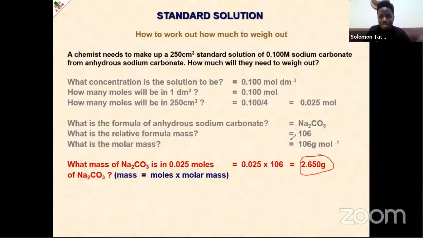Remember, molar mass is contained in 1 mole of a substance. So 1 mole of sodium carbonate contains these 106 grams, right? Then you'd ask yourself, what about 0.025 moles? And this is when you would cross multiply and have this as a result. Okay, 0.025 times 106, which will give you our answer right there.